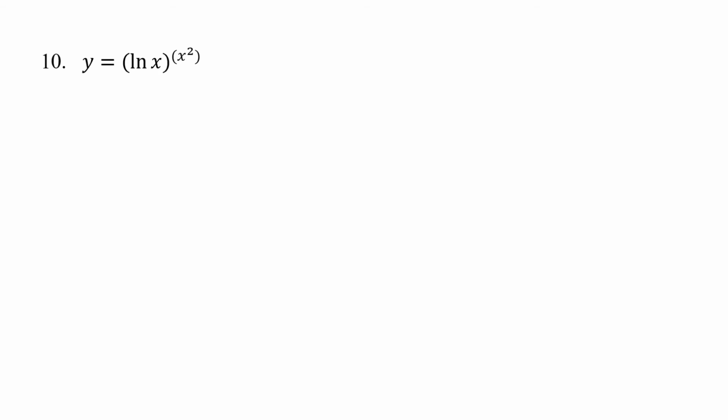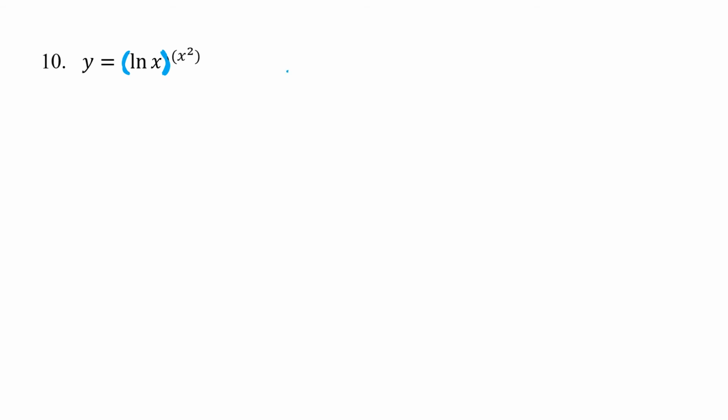Now this guy is a little bit tricky. Notice that we have these parentheses all around this natural log of x. That means that this entire natural log of x is being raised to that x squared power.